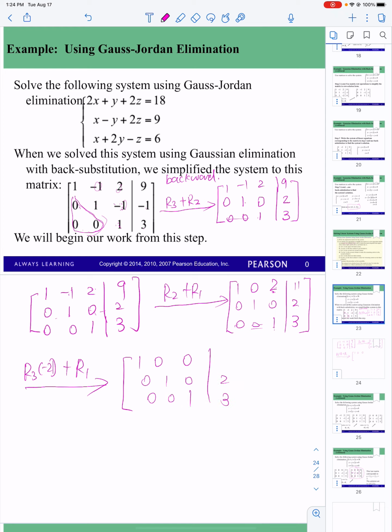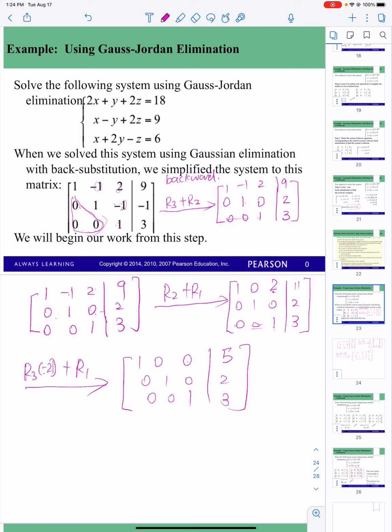So you have 3, 2. The third one does not matter. So 1 times negative 2 plus 2 is 0. 3 times negative 2 is negative 6, plus 11 is what? 5.